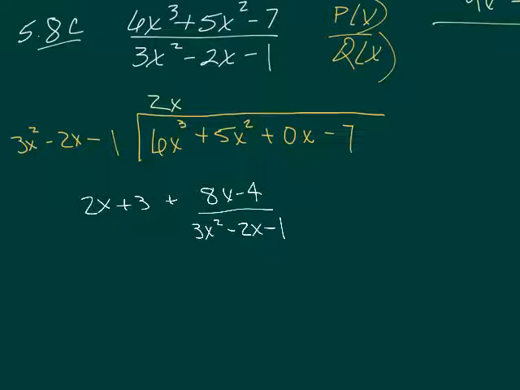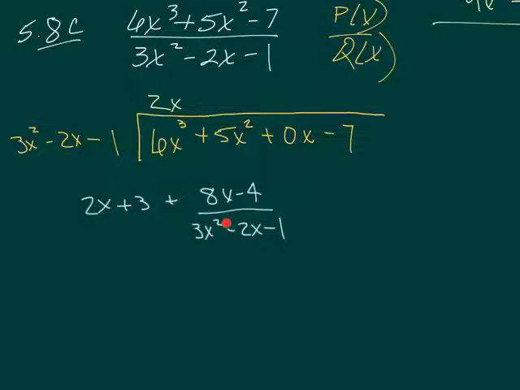I get that for an answer. Okay, so one of the things that's important here is this is not a fraction. So this is part of my answer. I don't have to decompose that. That is fine. It'll just tag on to the answer at the end. What I do have to do is decompose this.